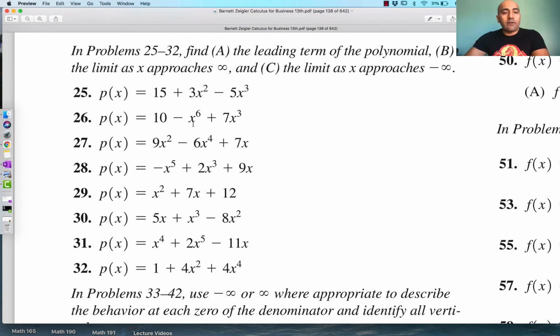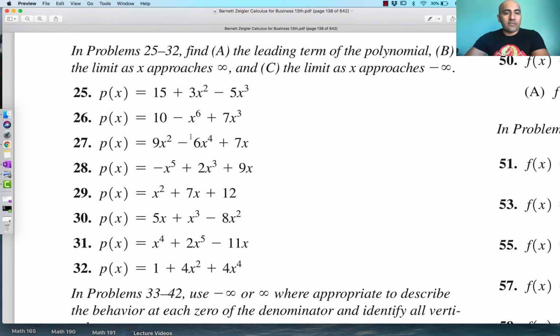So a very large positive number raised to the power of 6 will still be a very large positive number. Times -1 lets you go to negative infinity. So that's what will happen as we let the input values grow toward positive infinity. This will grow toward negative infinity. And then if we input a very large negative number and raise it to the power of 6, it will become a very large positive number, times -1 will still grow toward negative infinity.